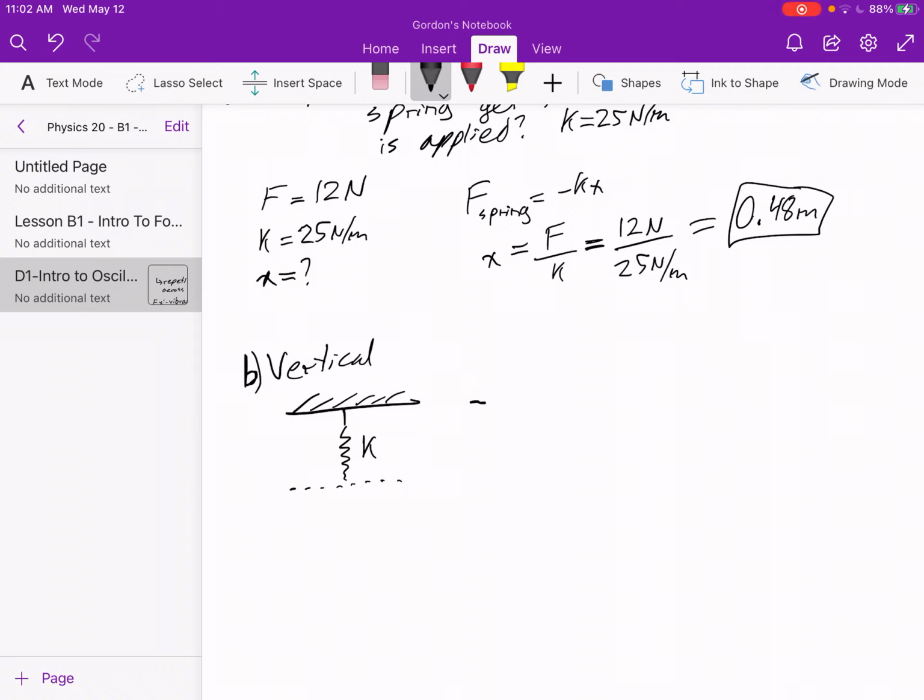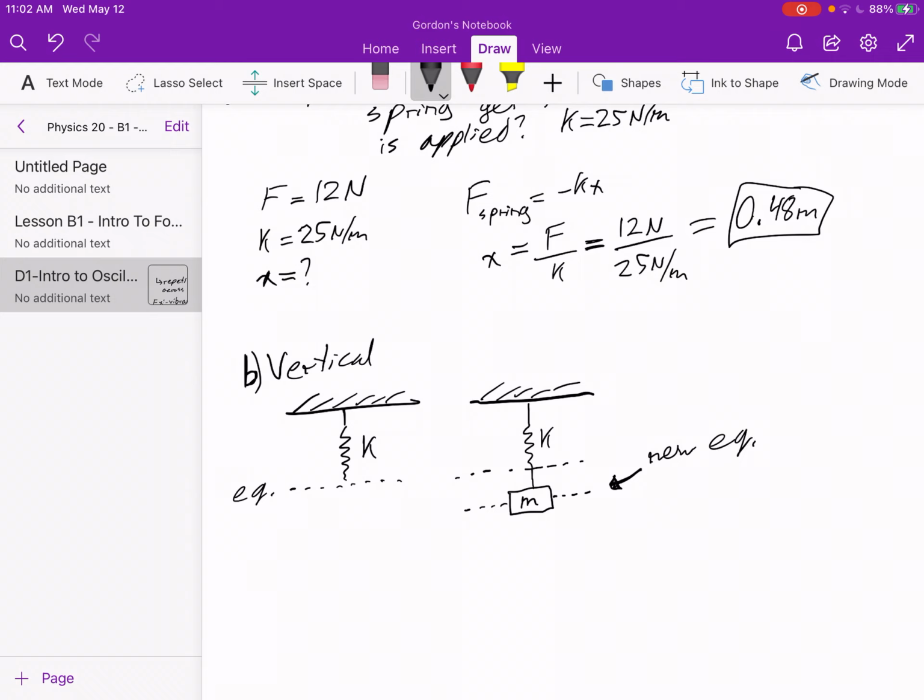If then we take the same spring and we attach a mass to the end of it, well, obviously, we're going to end up with a spring that has been stretched to a different point. And so really this here is going to be a new equilibrium point.